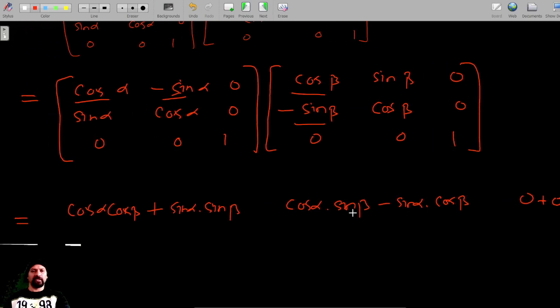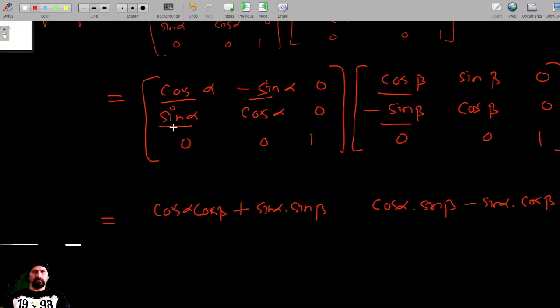So this is 0. Okay, next row: minus sine alpha into cos beta, and minus cos alpha into sine beta. So sine alpha into cos alpha into minus sine beta, 0 into 0 is 0.